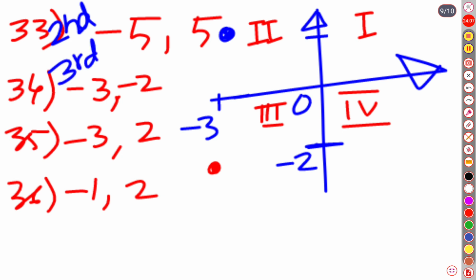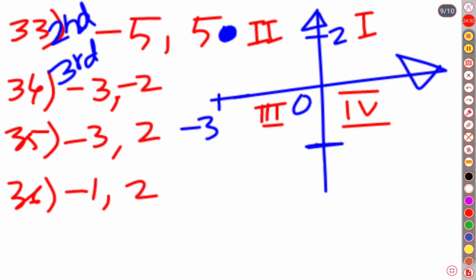Let's see what about 35. Minus 3 and 2. Minus 3 is over here and 2 is positive, so it cannot come down. 2 will come upward. This is the point.